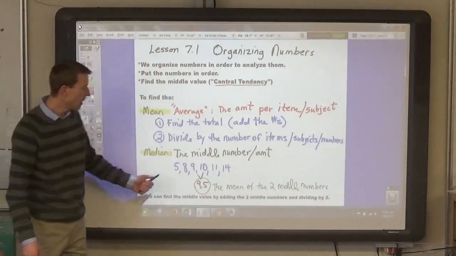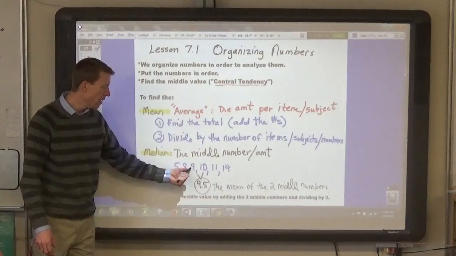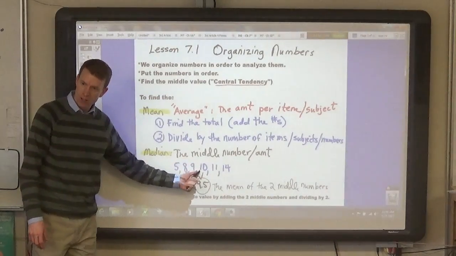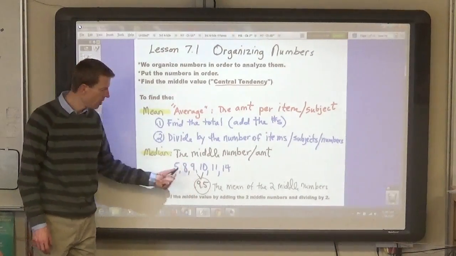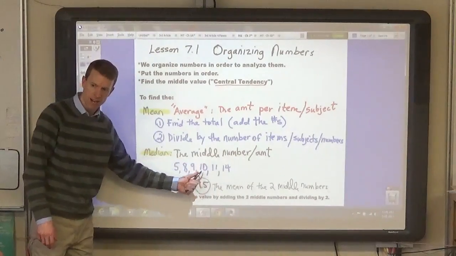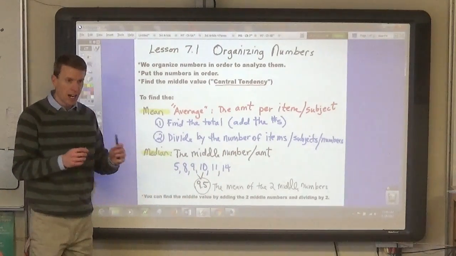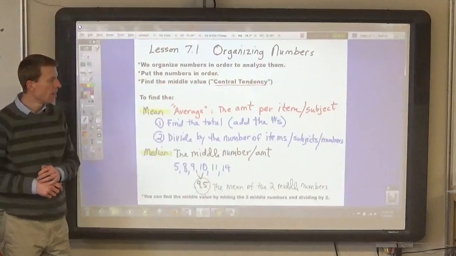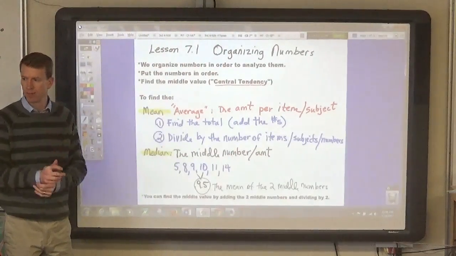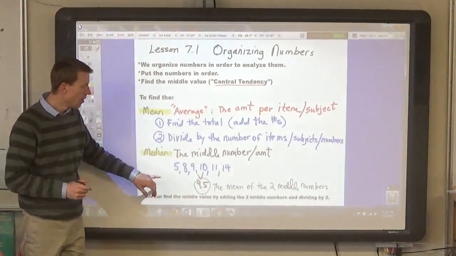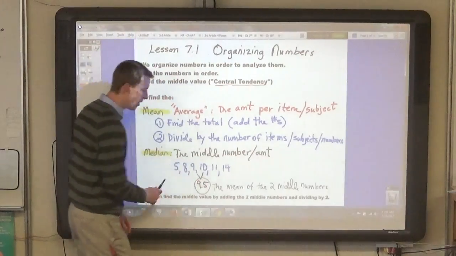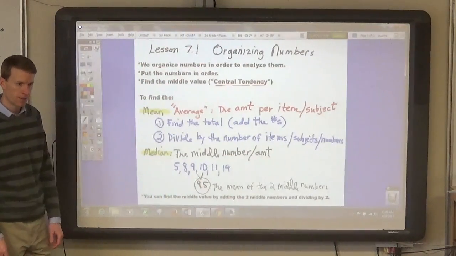And it's based on whatever the middle number actually is, so not by adding and then dividing, but if there's an odd number of numbers, then there will be a middle number. Now, in this example, there's an even number of numbers.